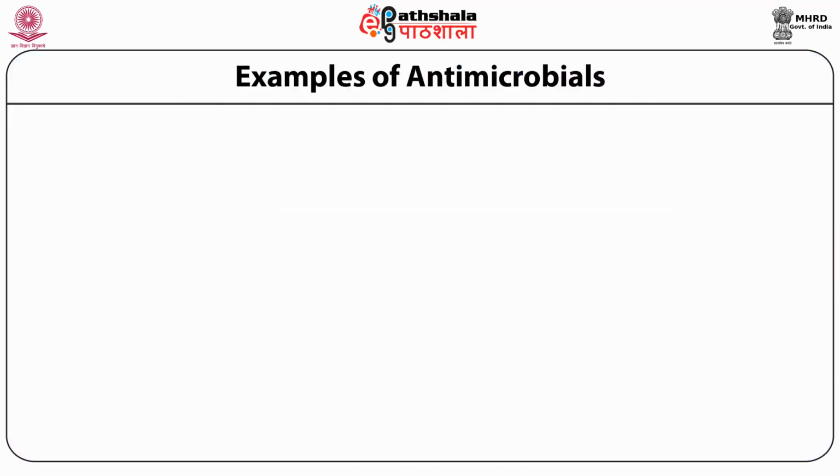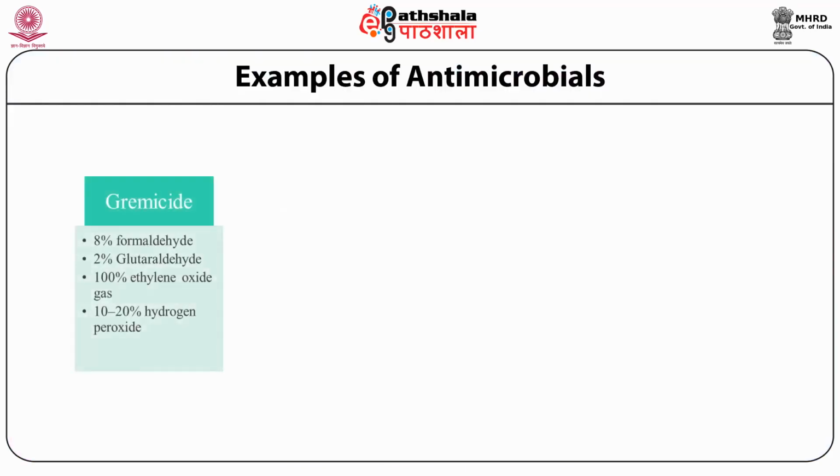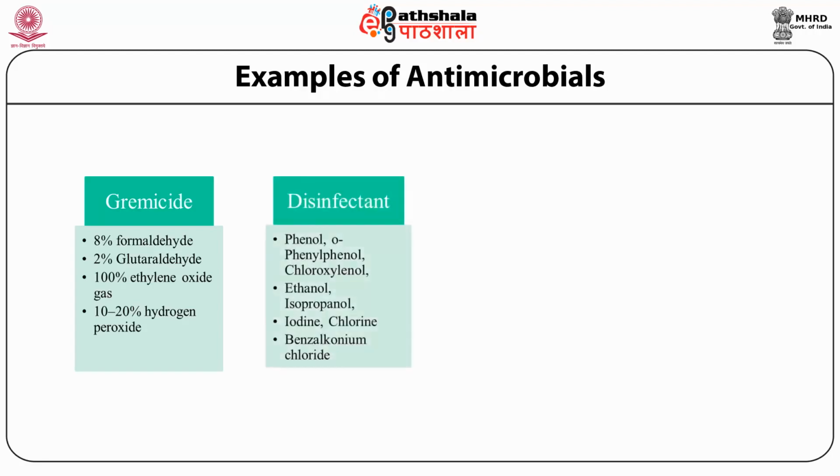Examples of antimicrobials: germicides. Under germicides, 8% formaldehyde, 2% glutaraldehyde, 100% ethylene oxide gas, and 10 to 20% hydrogen peroxide. Disinfectants. Under this, phenol, O-phenylphenol, chloroxylenol, ethanol, isopropanol, iodine, chlorine, and benzalkonium chloride.